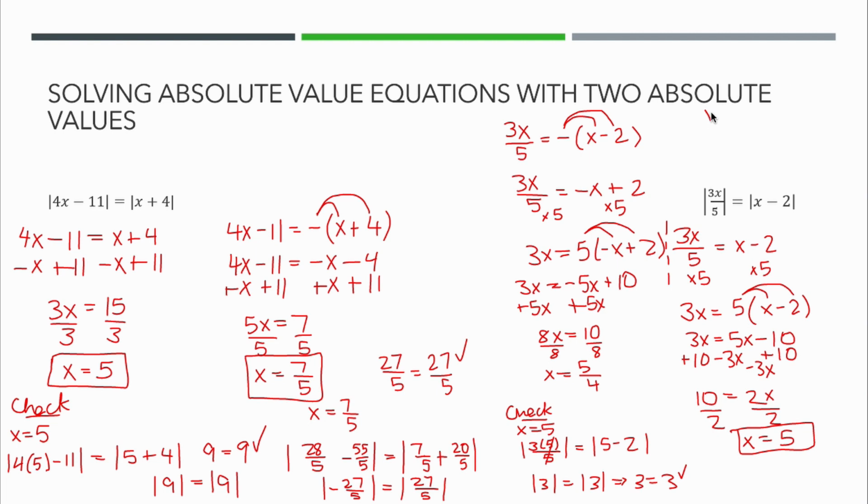So let's check. x is equal to 5/4. And we do the absolute value of 3 times 5/4 over 5, is equal to the absolute value of 5/4 minus 2.